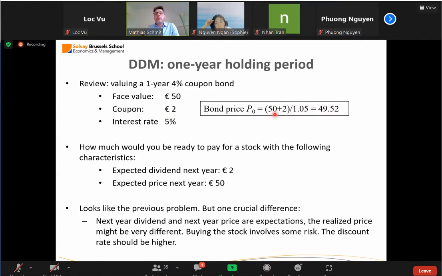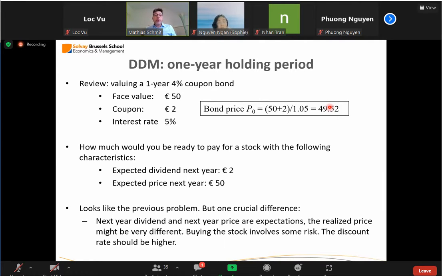To value it, it is the face value that you will get in a year plus the coupon, the 2, that you discount over a year at 5%, and you get the price 49. This is what we did with the bond.